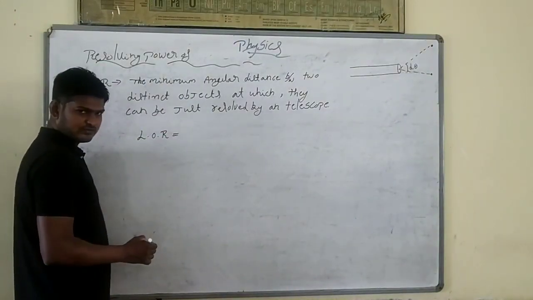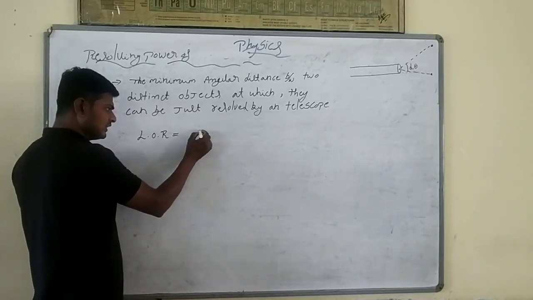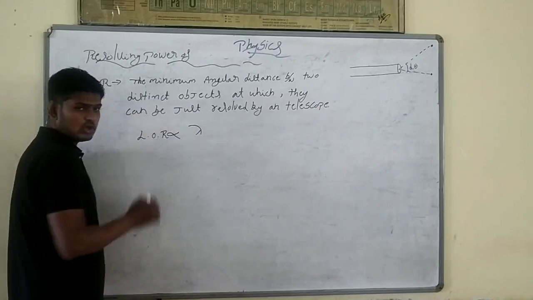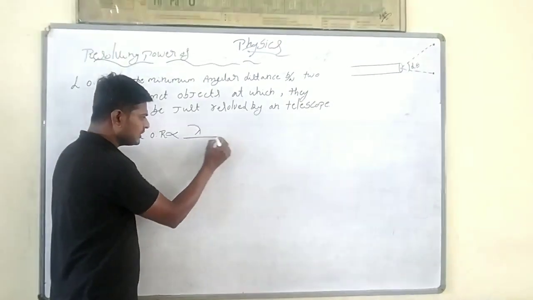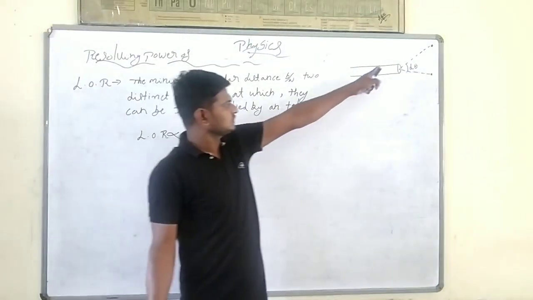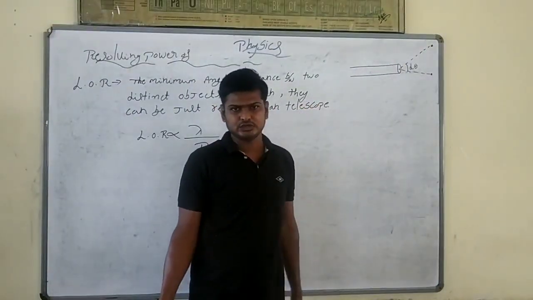The limit of resolution of a telescope is directly proportional to wavelength and inversely proportional to the diameter of the objective of the telescope.